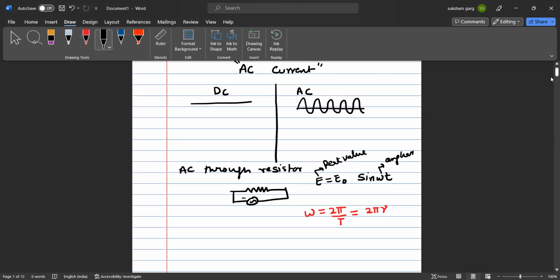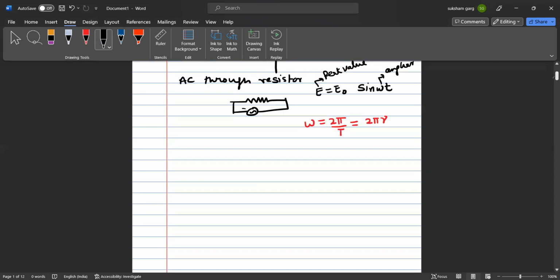So further, when we pass AC through a resistor, the formula of EMF is given as E naught into sine omega t. And if we say in terms of current, current I is equal to E naught divided by R sine omega t. E naught is actually nothing but the peak value of voltage.